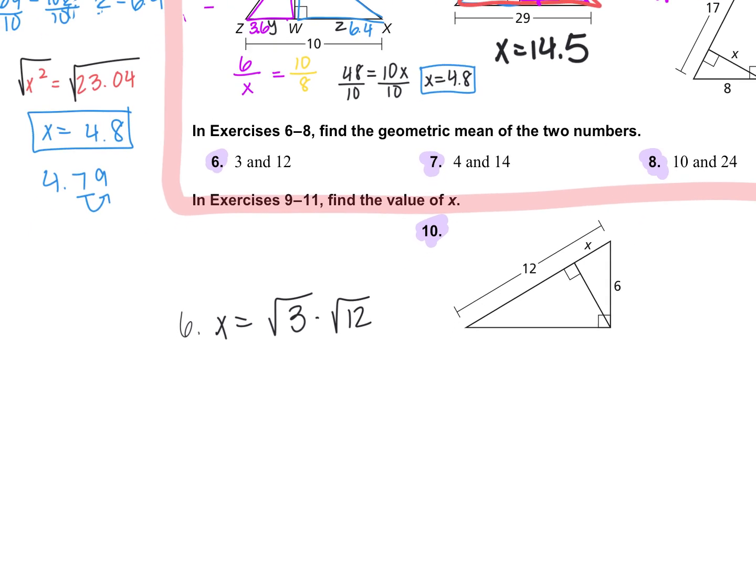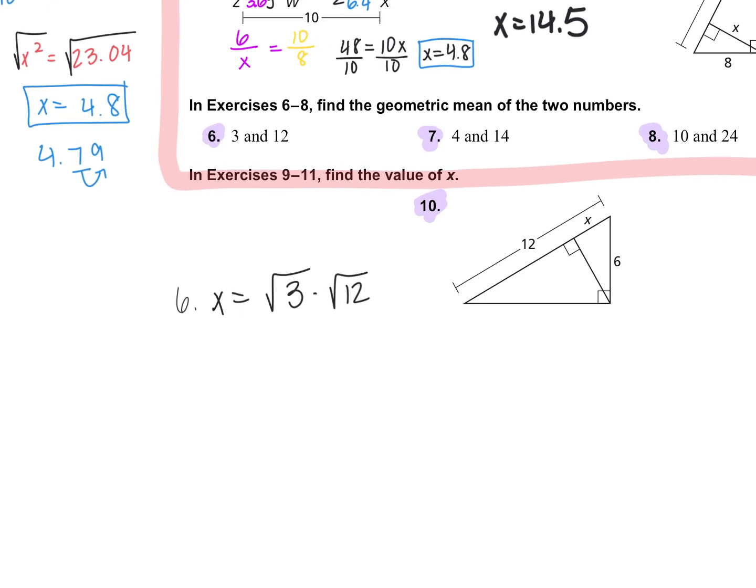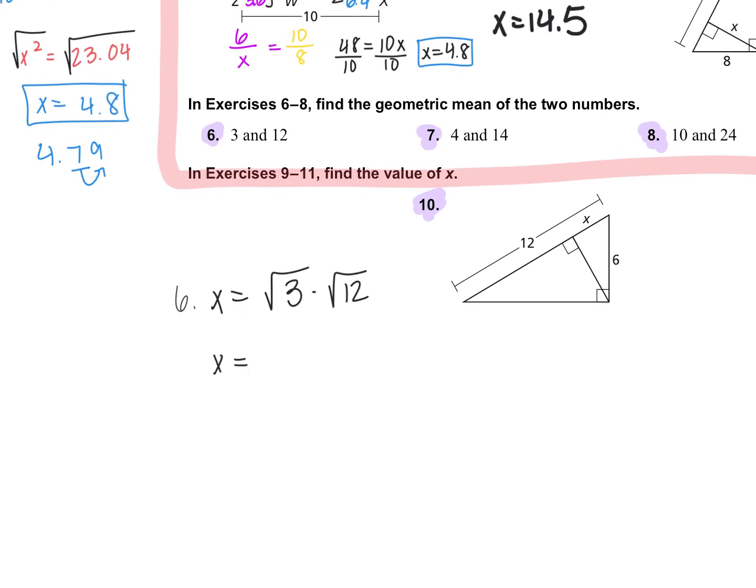Sometimes they're already perfect roots if you multiply them. So if I multiply 12 times 3, what would I get? Is 36 a perfect root? Yes. So I didn't even have to simplify these out. X equals 6. This is for number 6.